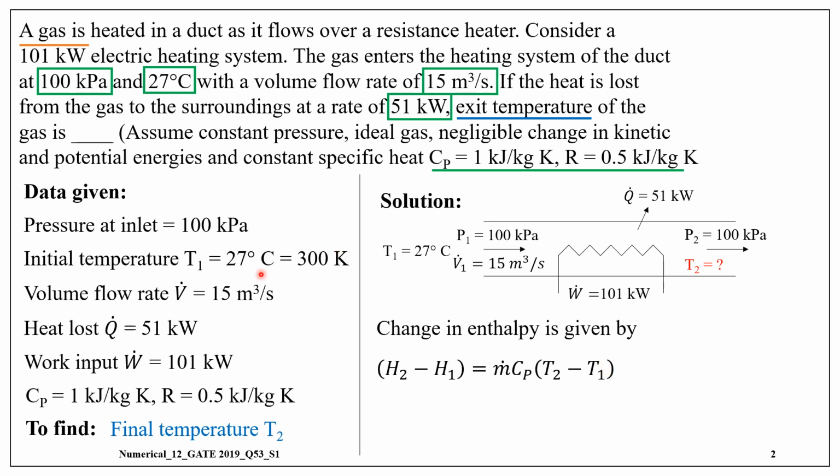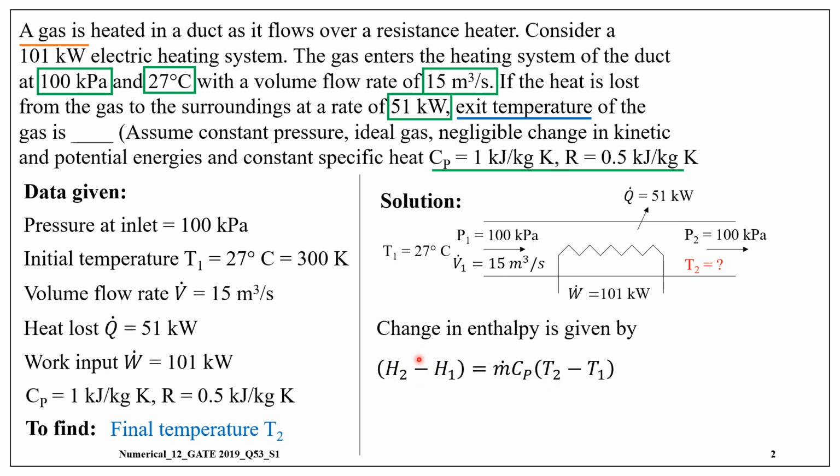T1 is given. Cp is given, but the value of m dot and H2 minus H1 are not given. If we are able to find change in enthalpy and m dot using the other data given in the problem, then we can estimate this T2.